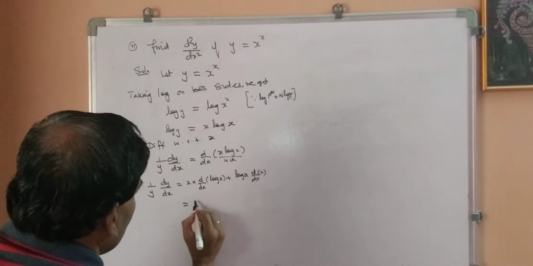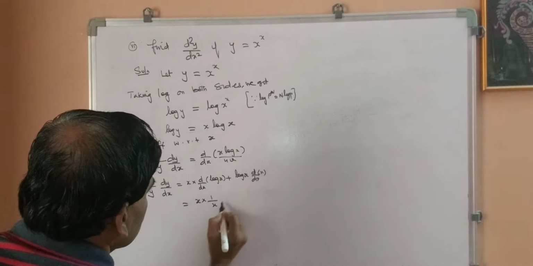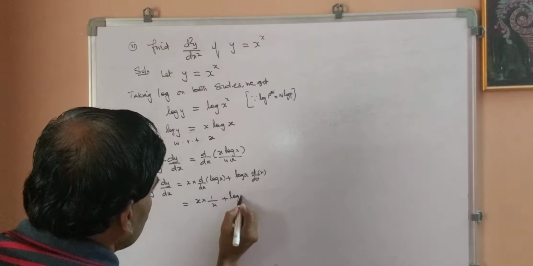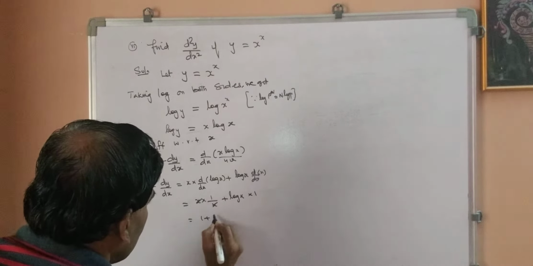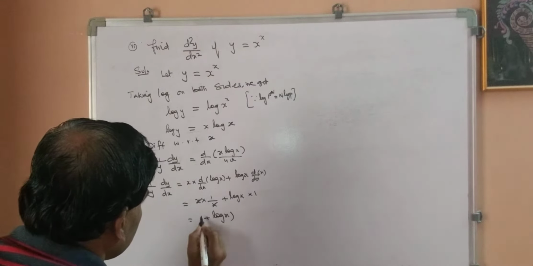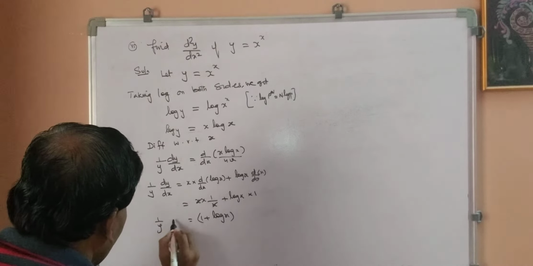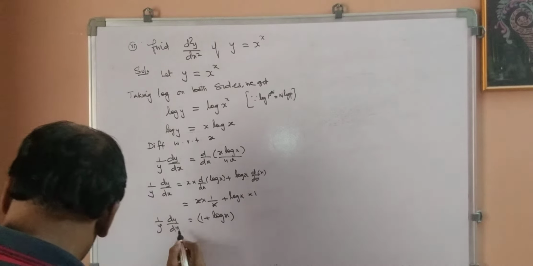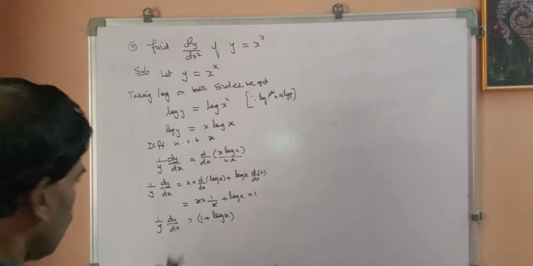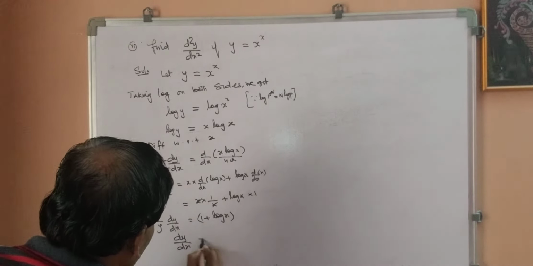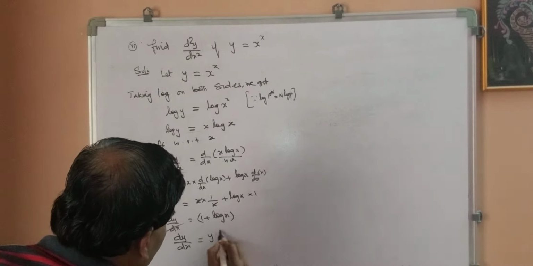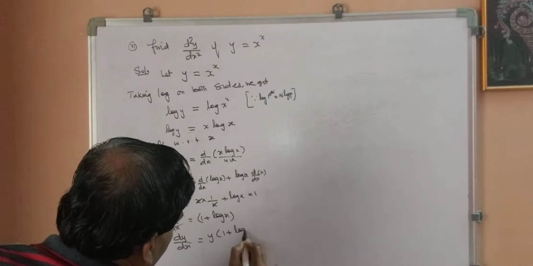It is equal to x into 1 by x plus log x into 1. So, 1 plus log x. It is 1 by y dy by dx. But what we want is dy by dx. So, cross multiply: y into 1 plus log x.